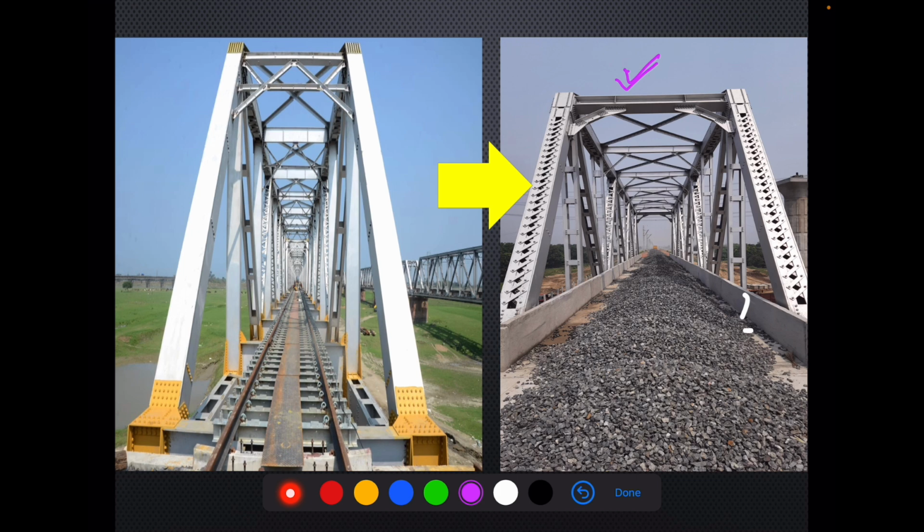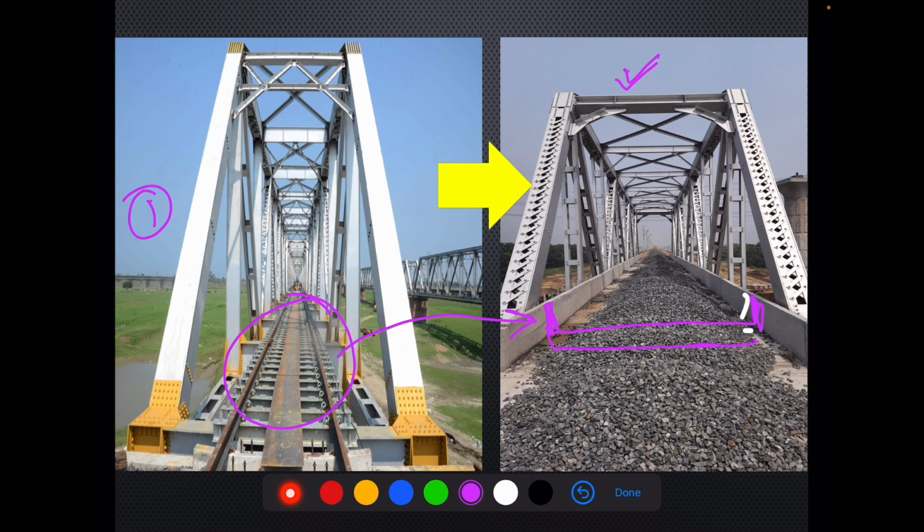So what is the difference as far as the track is concerned? The first difference is that in the first case, the track is laid over steel channel sleepers. These are specially fabricated for providing over bridges only. But in this case, we have this concrete deck. These are parapet walls, and this is the concrete deck.